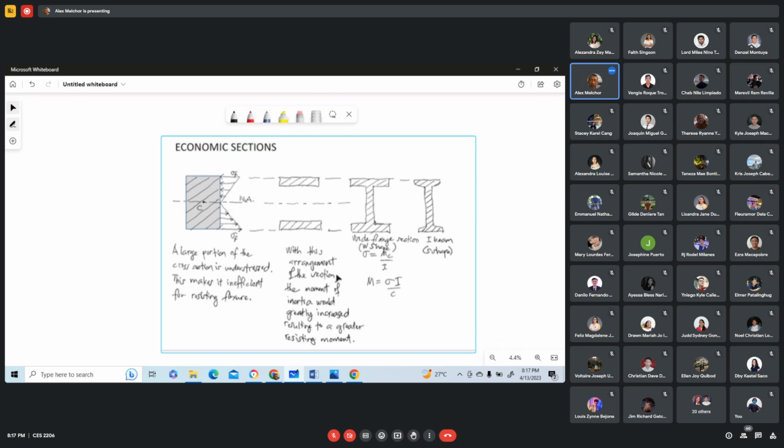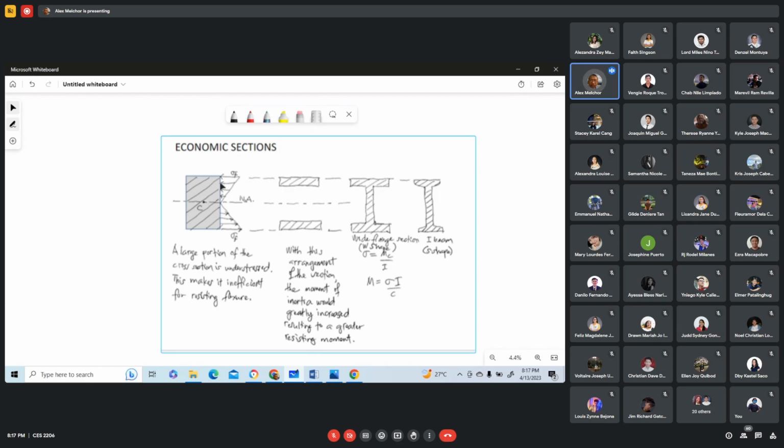For this case here, for a rectangular section, this part here is under stress. You see that this part has lesser stress, and also here, it is under stress.